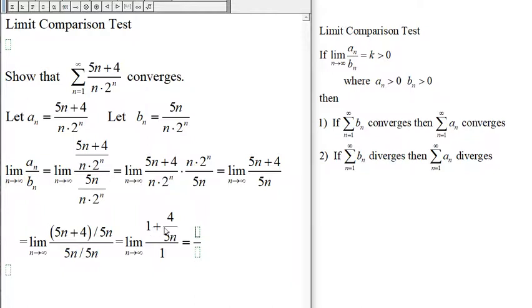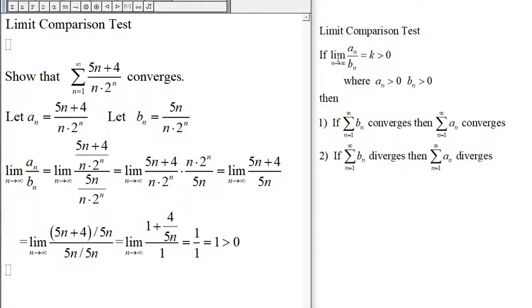So we get 1 plus 0, which is 1. And so we have shown that the limit of a sub n over b sub n is equal to 1, which is greater than 0. Because if it's equal to 0, then we have to use another test.